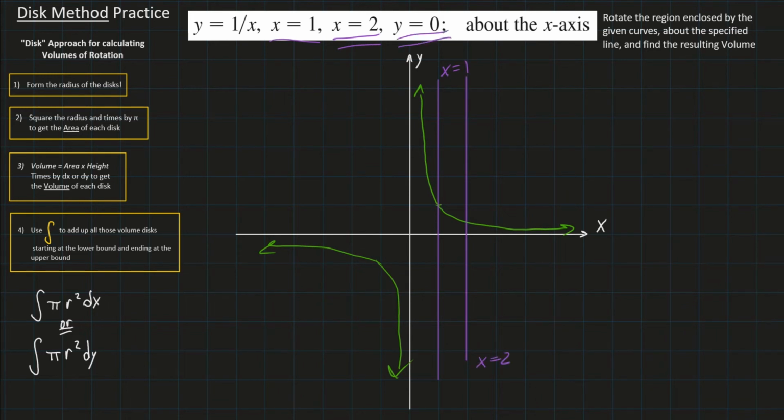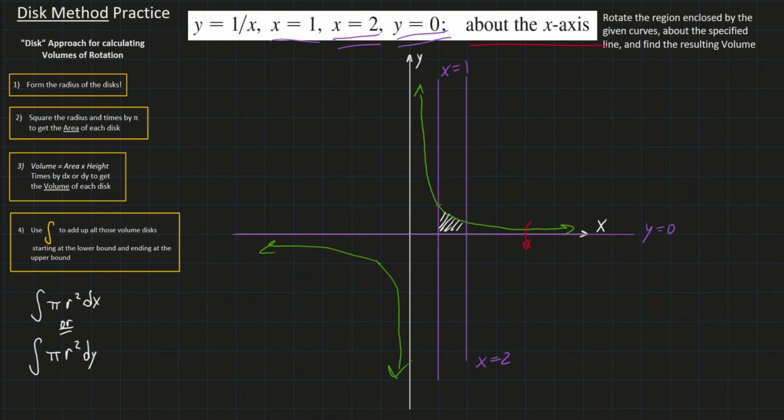And of course, y is equal to 0 will be all the points that have y coordinates of 0. So basically just the x-axis. Alright, so here's our enclosed region. And we want to rotate it about the x-axis. So this axis right here.